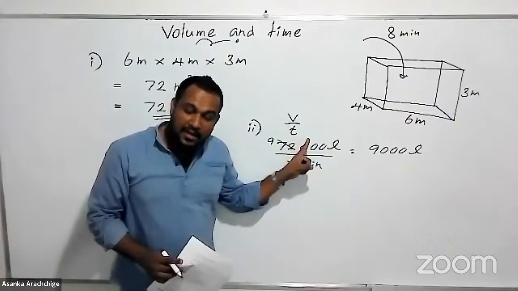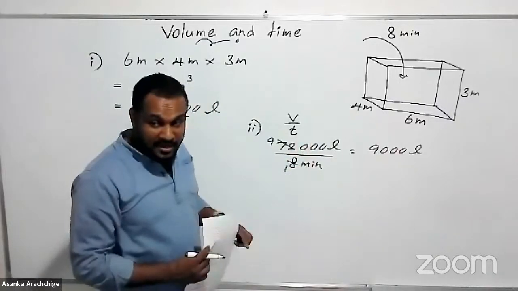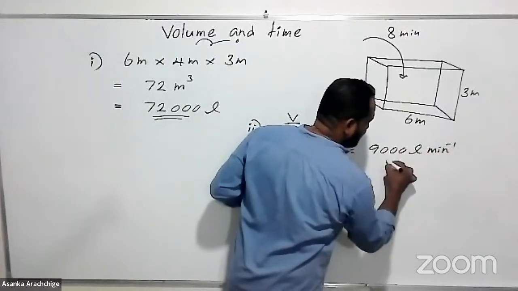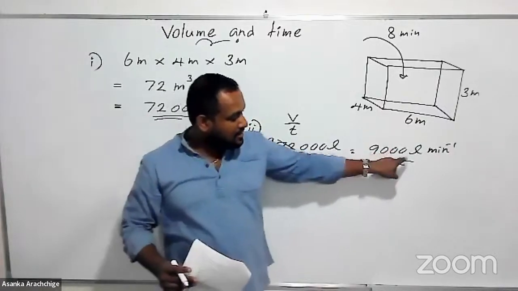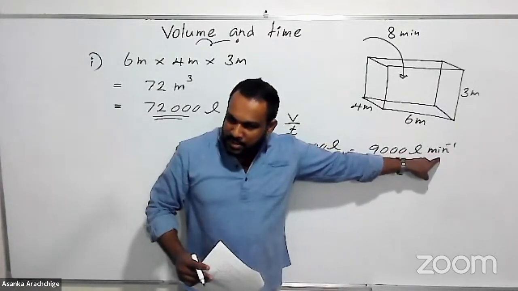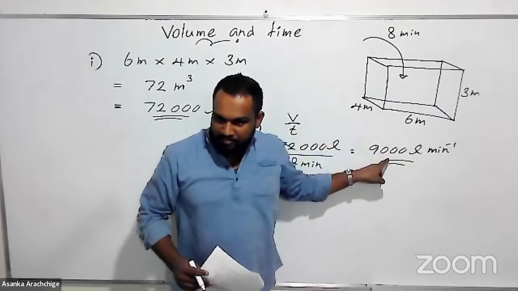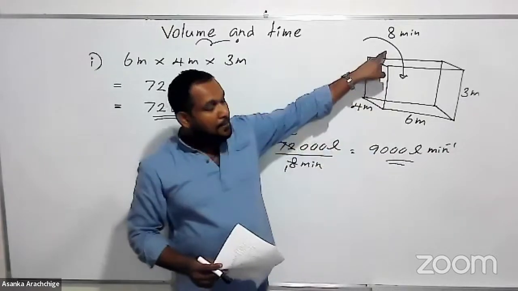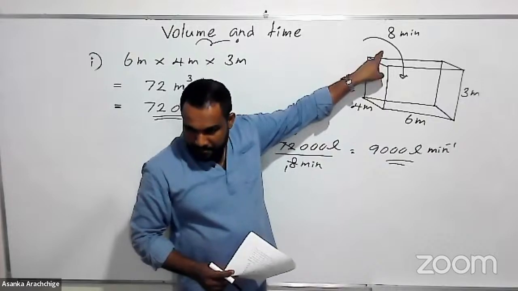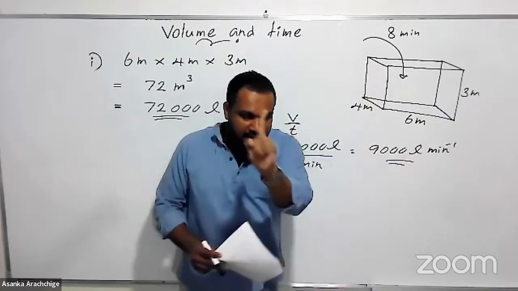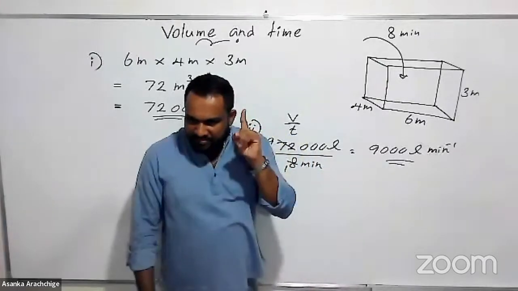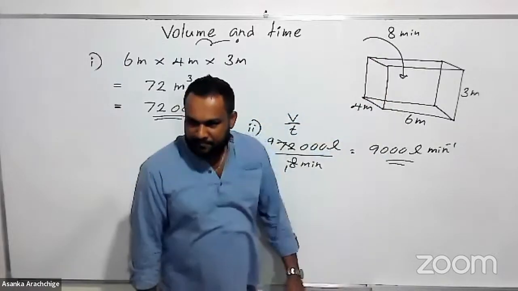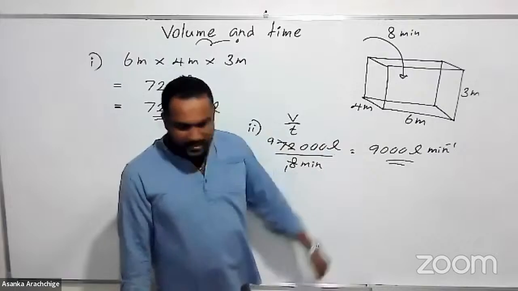When it comes up, it becomes minutes to the power minus 1. So how do we read this unit, Darwin? 9,000 liters per minute, which means this pump pumps 9,000 liters in 1 minute. In every minute, it pumps 9,000 liters into the tank. Clear? Copy it down.